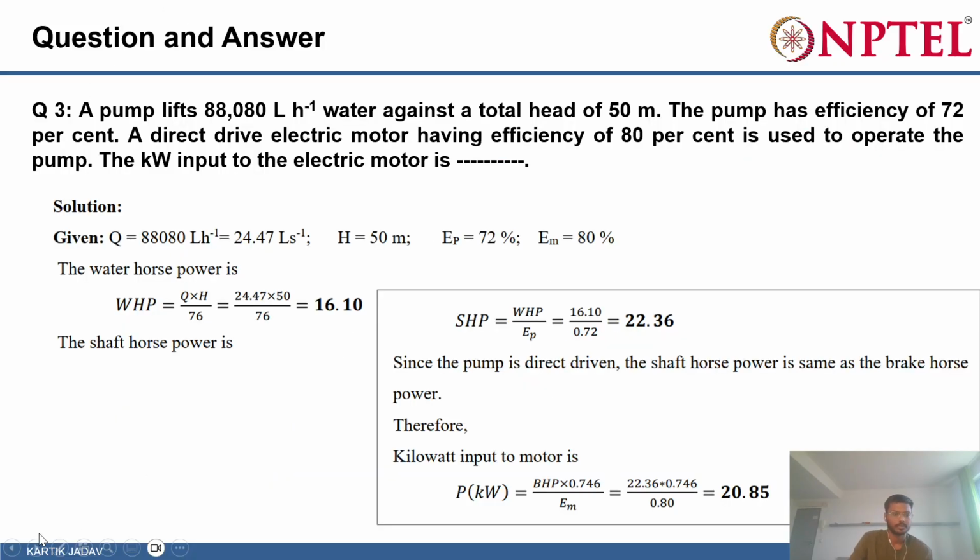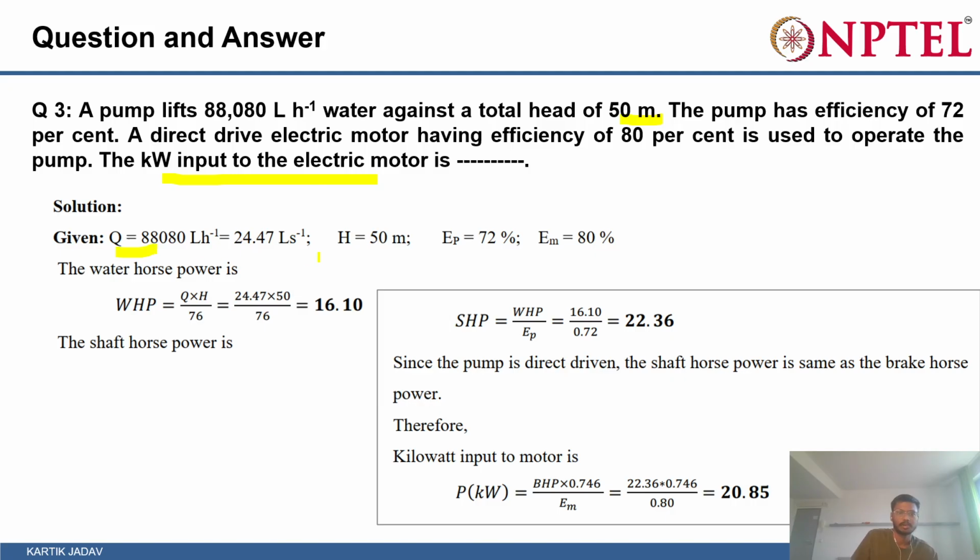Then we'll take certain doubts or questions if you have. So a pump lifts 1080 liter per hour of water against a total head of 50 meter. Pump has efficiency of 72% and a direct drive electric motor having efficiency of 80% is used to operate the pump. So we need to calculate the kilowatt input of the electric motor.